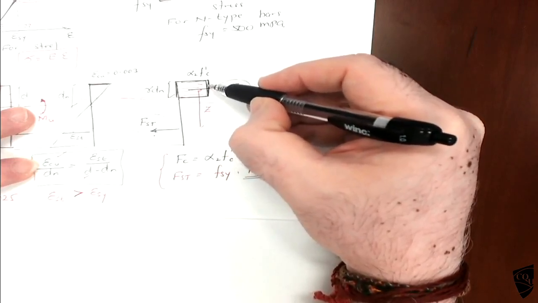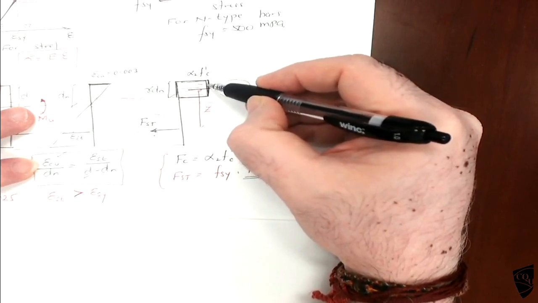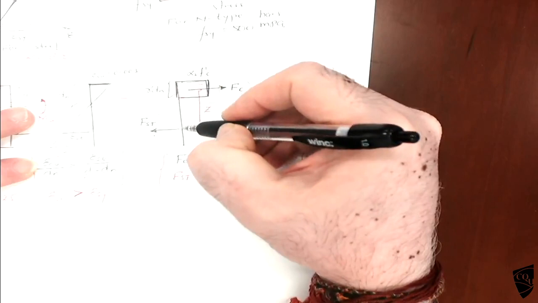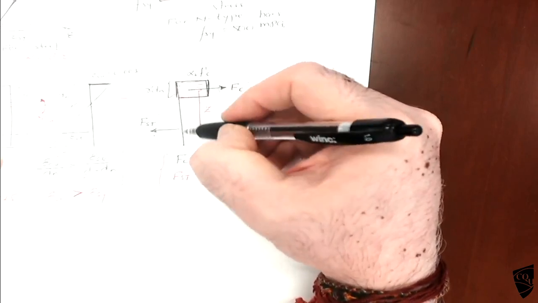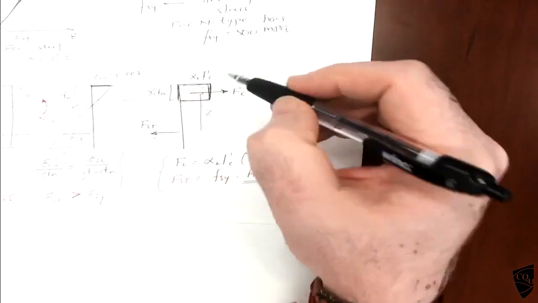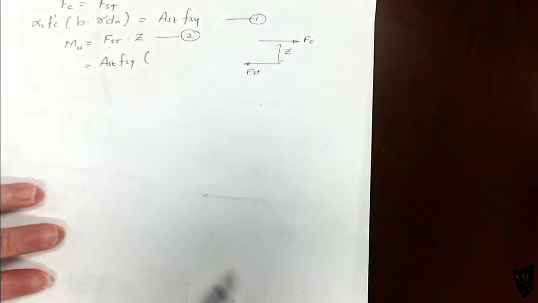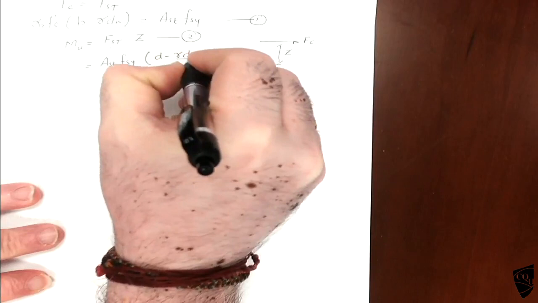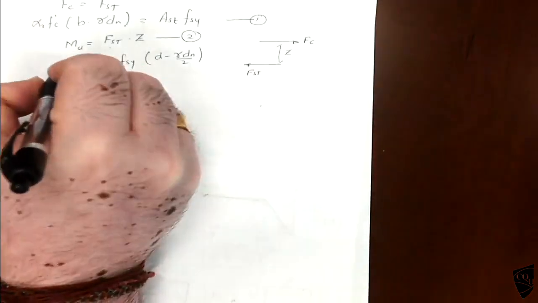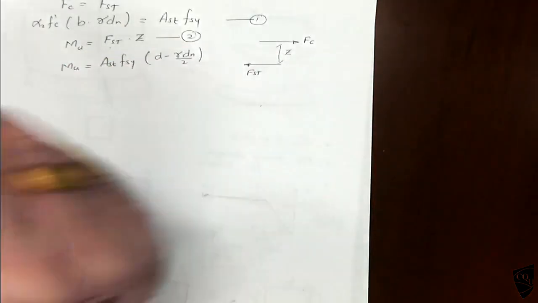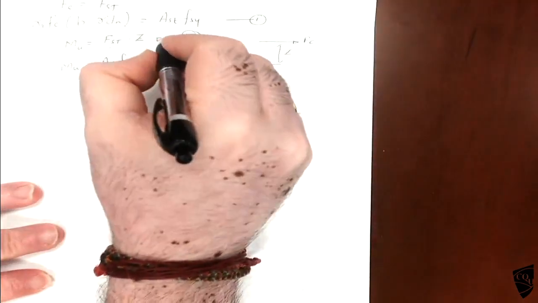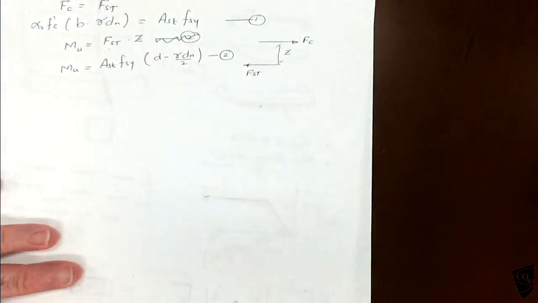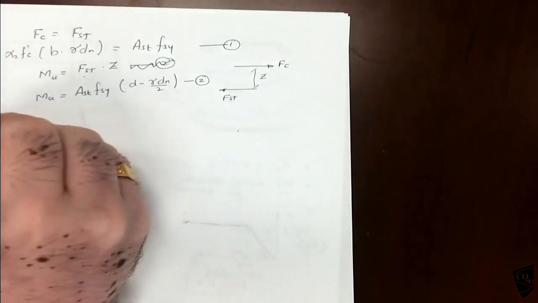From here to there is small d minus half of the gamma dn. So we had two equations, and we should be able to solve them because we have two unknowns.